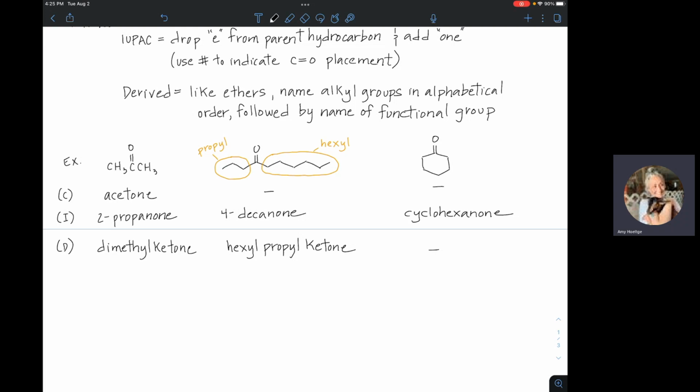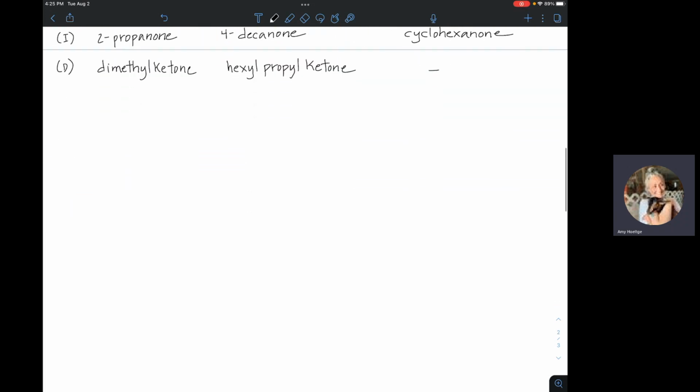Okay, so let's talk a little bit about the physical properties of these things, and I guess we'll tag on reactivity toward the end. Once again, just like with our carboxylic acids and their derivatives, we have some polarity here.